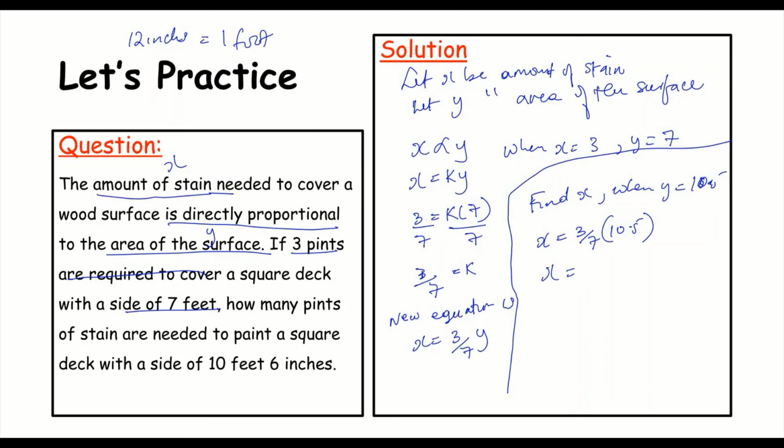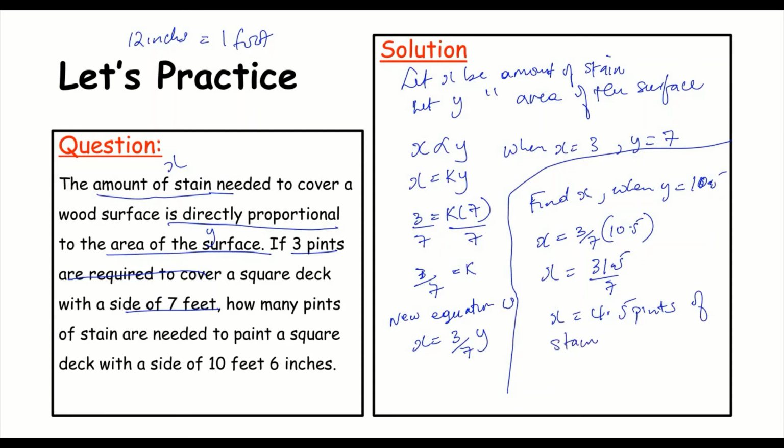So we have 31.5 over 7. And that gives us 4.5. So we need 4.5 pints of stain.